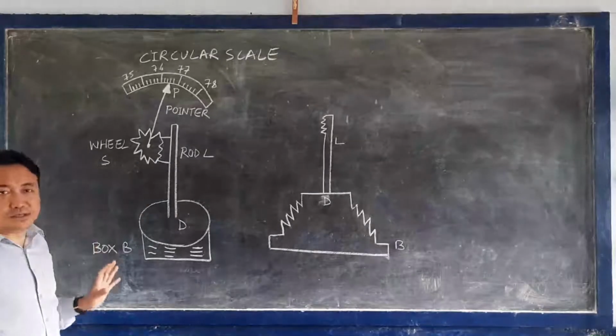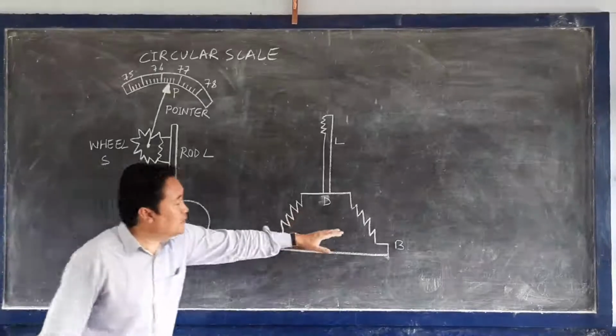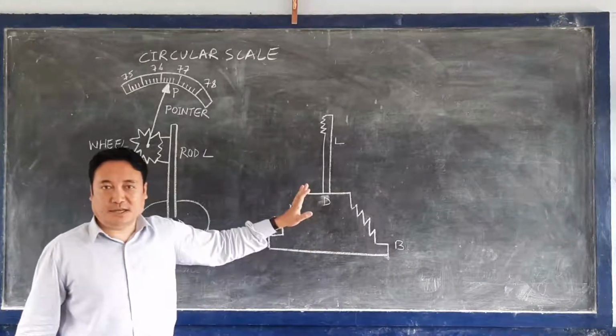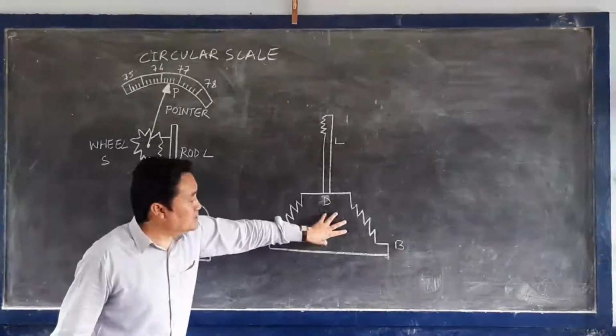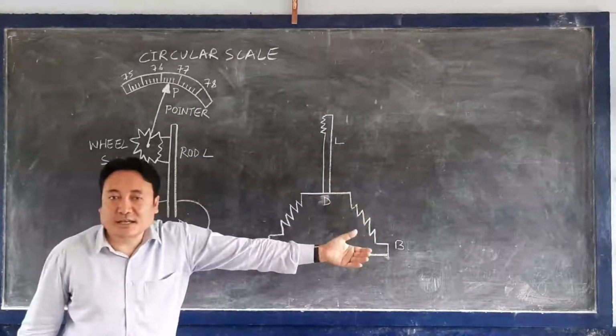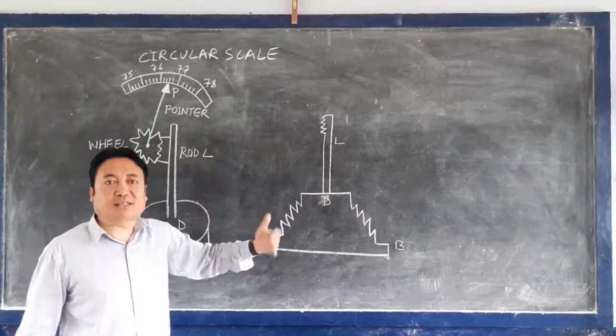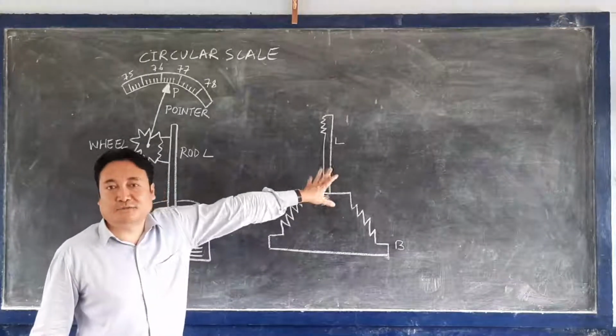Now how does it work? When you see the diagram, it is very simple. This metallic box B is partially evacuated, that means the air has been partially removed. The topmost region of this box is in the form of a diaphragm.